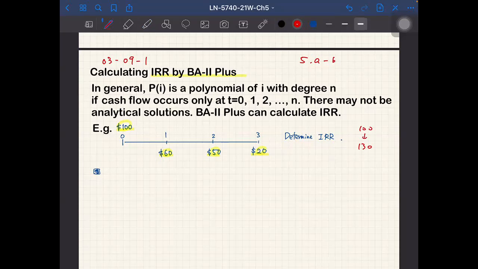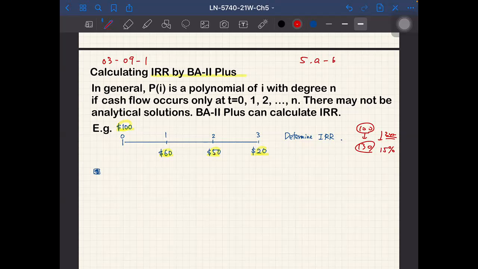Then $100 becomes 130. So that means probably the annual rate of return is maybe 15%. So that is one good guess. So always guessing the answer clarifies what you are doing.